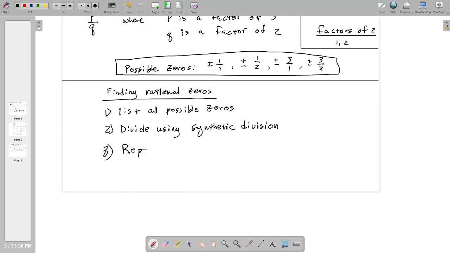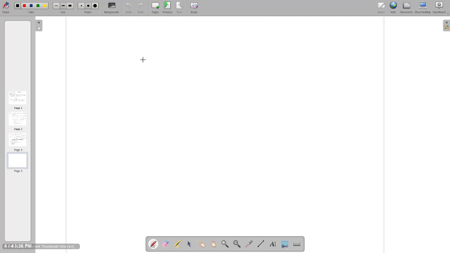And 3, repeat. We're going to repeat this process until we find all of the rational zeros that a polynomial has. Let's do an example of trying to factor a polynomial down, and I'll show you this process that we just outlined there.